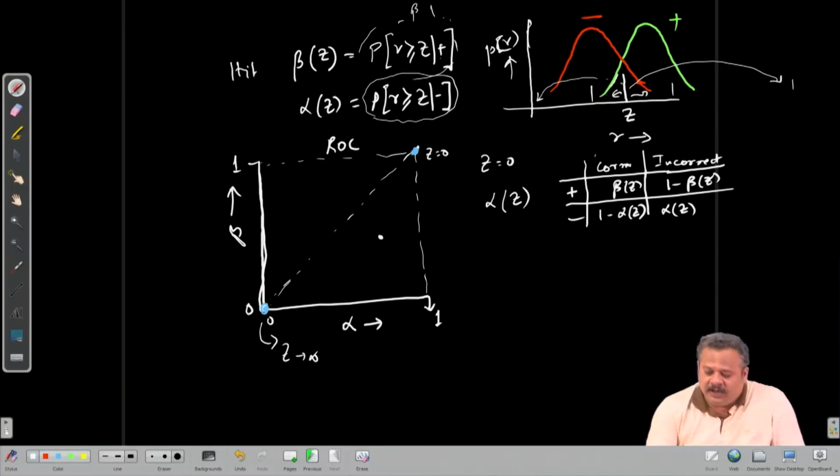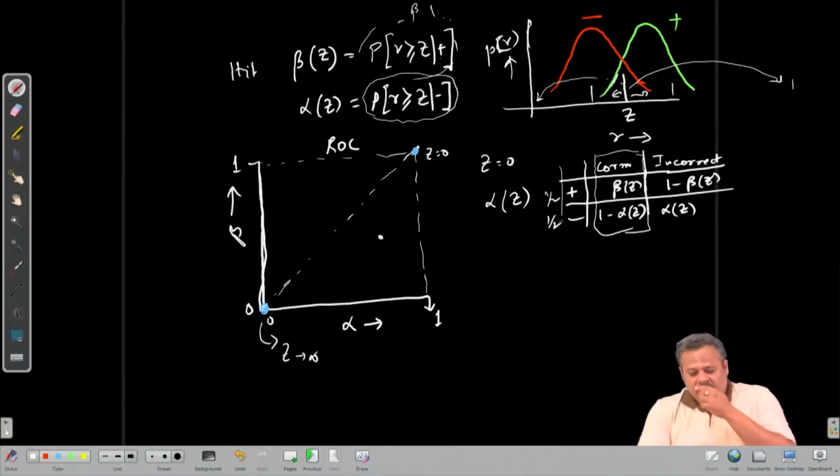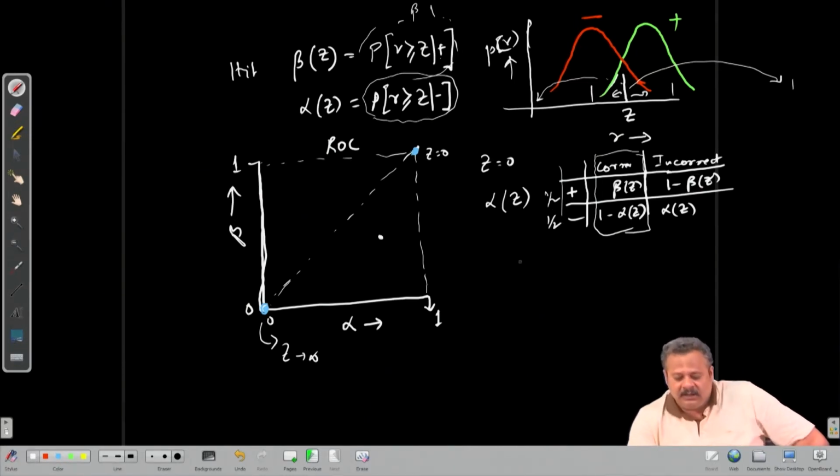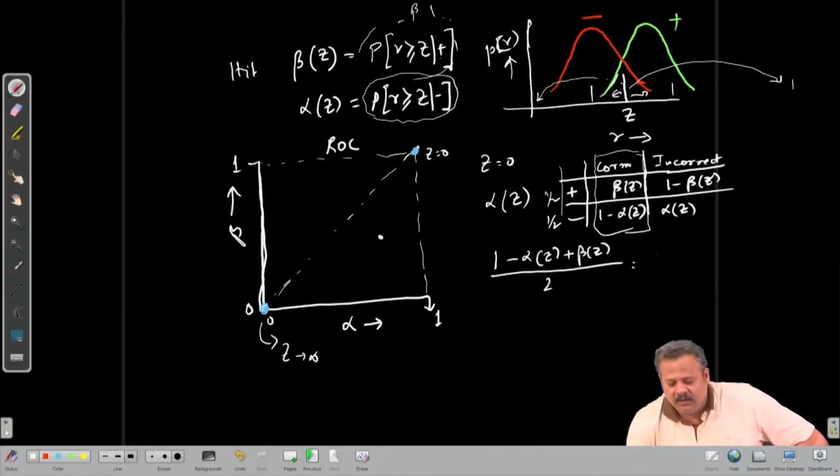So, probability of correct means we simply have the average of these, because if we assume that plus and minus are occurring equal number of times, then the probability of correct is 1 minus alpha z plus beta z divided by 2, that is probability correct.